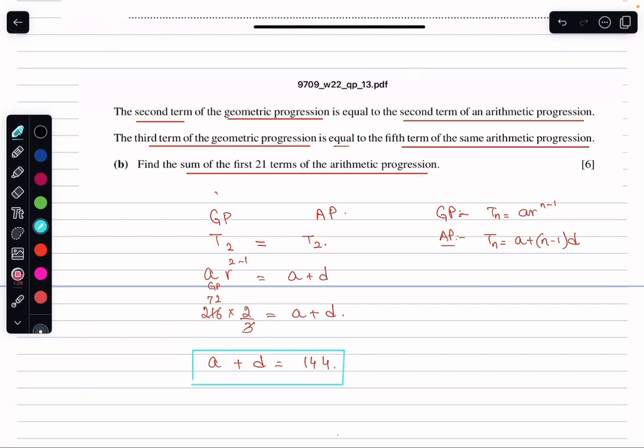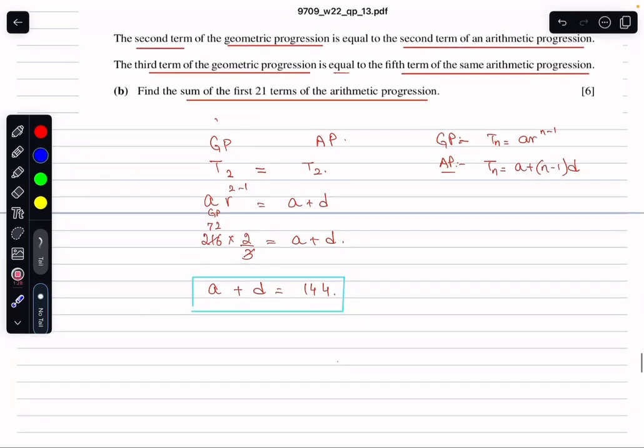The second statement here says that the third term of the geometric progression is equal to the fifth term of the arithmetic progression. So the third term of the GP, the geometric progression, shall be equal to the fifth term of the arithmetic progression.